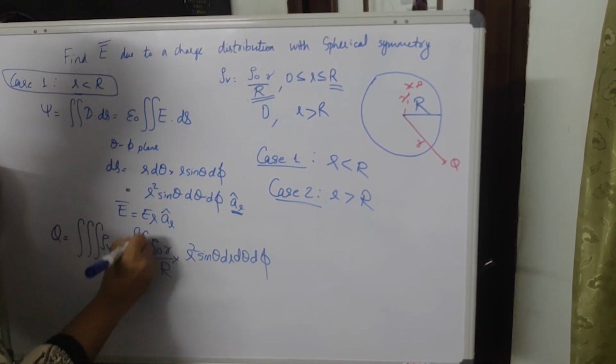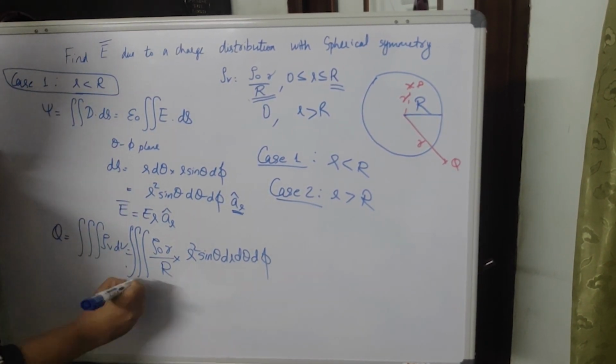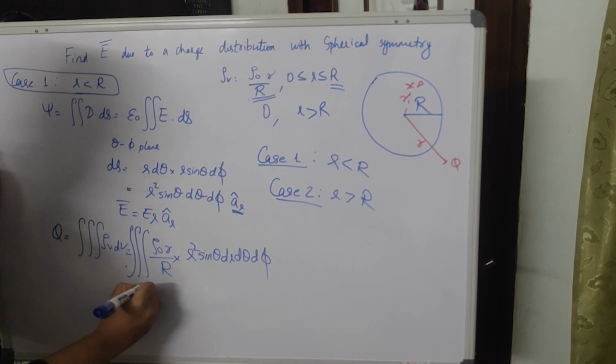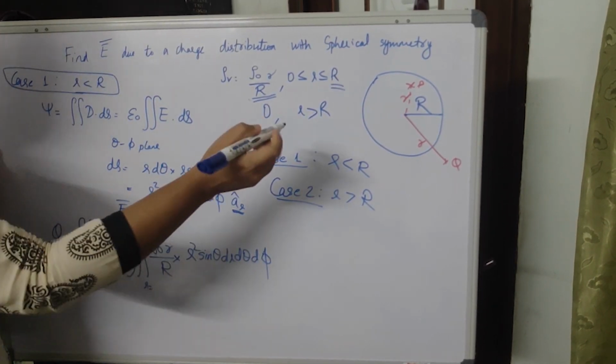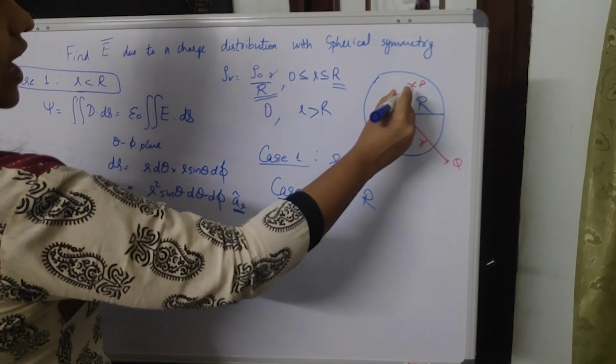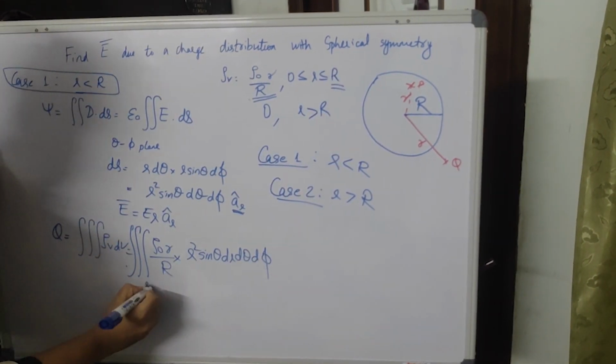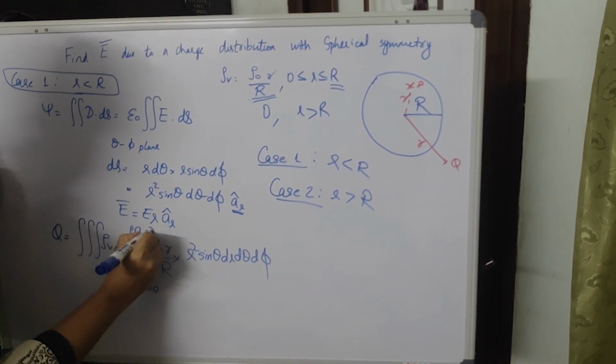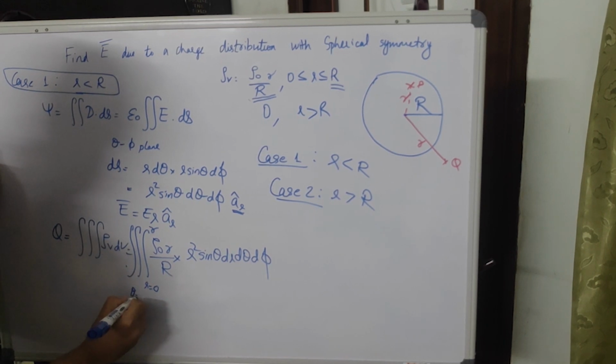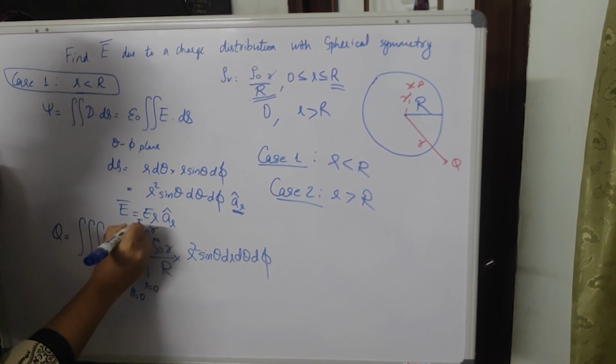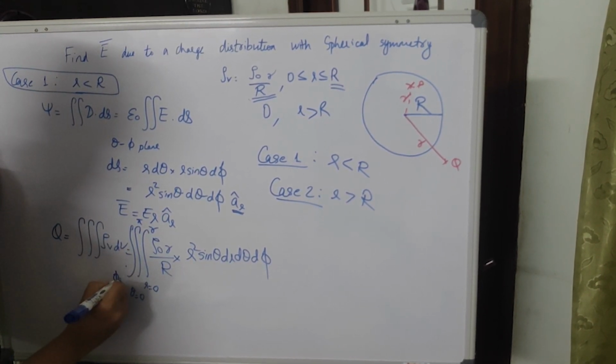You have to take the volume integral. For the limits, it is a point within the sphere, so r will vary from 0 to R, theta will vary from 0 to pi, and phi will vary from 0 to 2 pi.